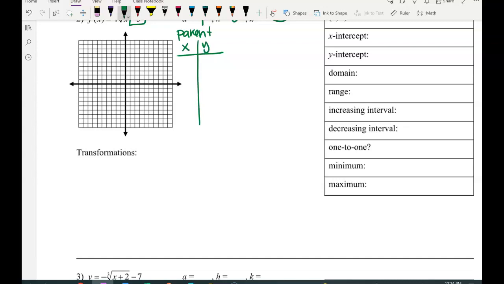You just have to plug it in and get your value manually. So cube root of -8 is -2. Cube root of -1 is -1. Cube root of 0 is 0. Cube root of 1 is 1. Cube root of 8 is 2.